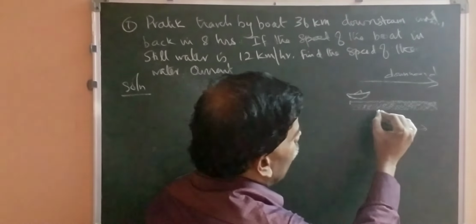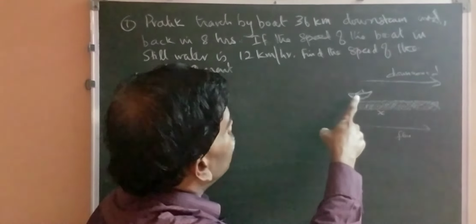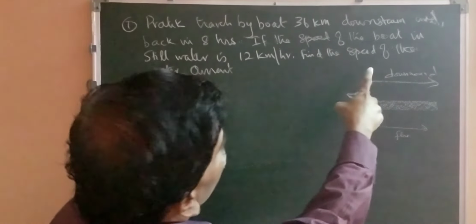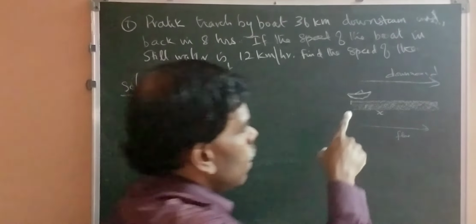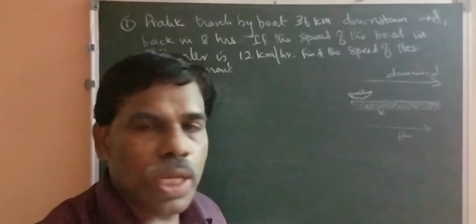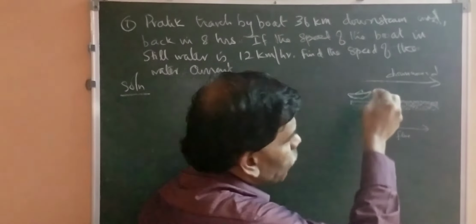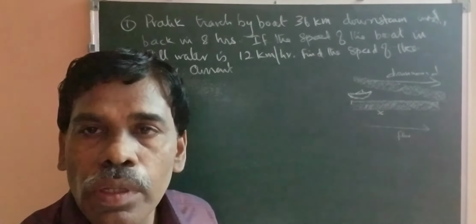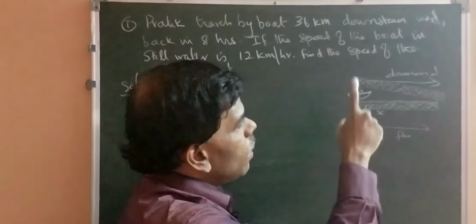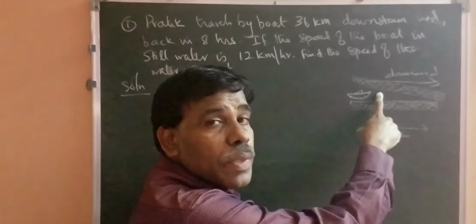See, the water is also flowing with some speed, so let it be x. And what is the speed of the boat? They say, see here, 12 km per hour. The water is also flowing with some speed, that is x. Downstream means the speed is the speed of the boat plus the speed of the water current.